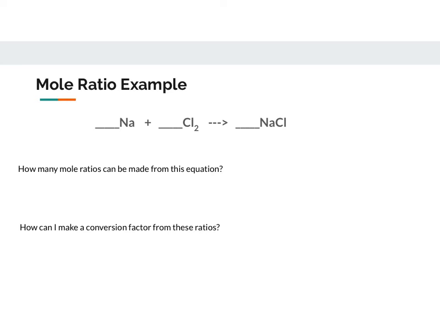Okay, so if I give you an example, so here's my mole ratio example. I have a non-balanced chemical equation. First thing I'm going to have to do is balance it. So to balance this chemical equation, split it in half, make sure that the number and kinds of atoms on both sides are equal. So I have 1 Na on this side, 1 Na on this side.